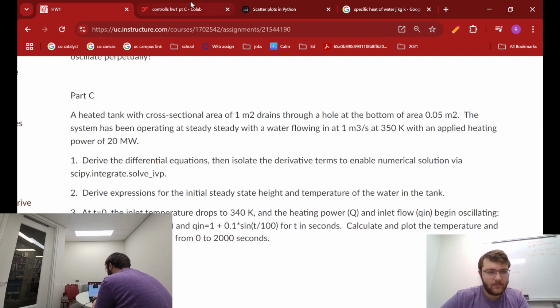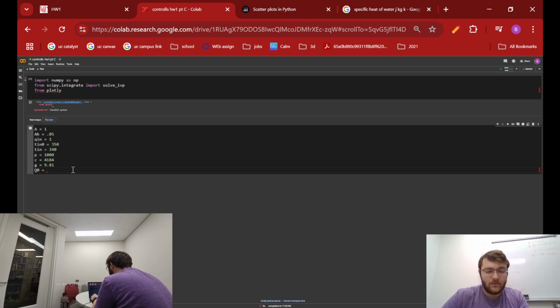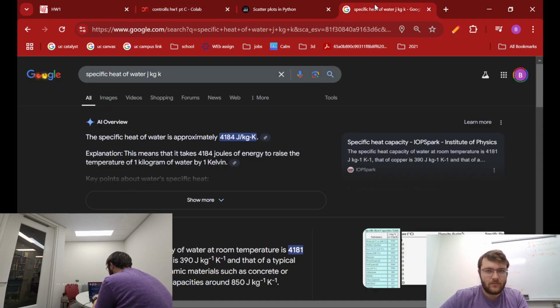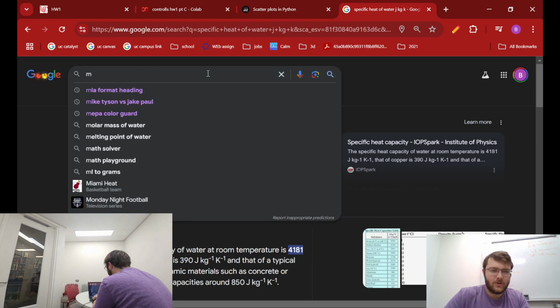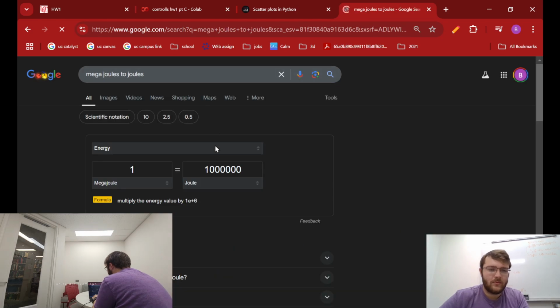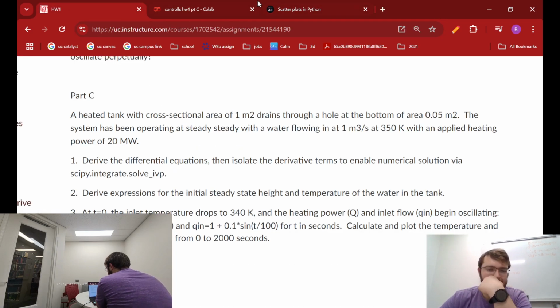Our power of heating, which is 20 million, which is 10 to the 6th, mega. Okay. Am I missing anything? I think that's everything to start this problem.